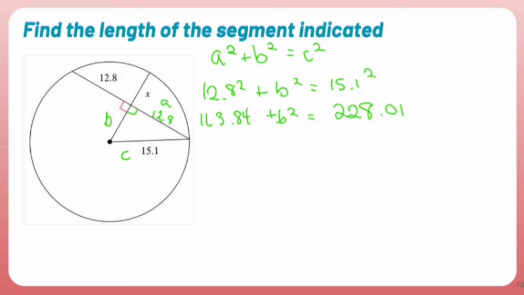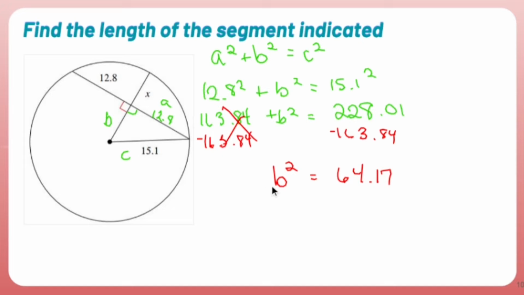Now, in order to get b all by itself, I'm going to subtract 163.84 from both sides. 228.01 minus 163.84 is 64.17.